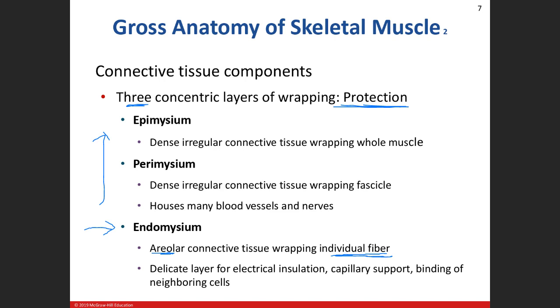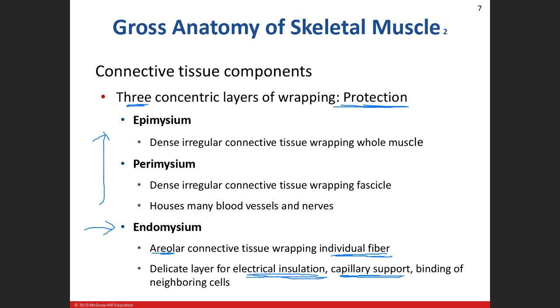Same thing, and it offers a similar function. It helps to insulate the muscle fiber, much like the endoneurium. We're also going to have some blood vessels inside there, which is great because we need a way of nourishing our tissue in there. And it helps to give attachment sites for other muscle fibers that are close by.